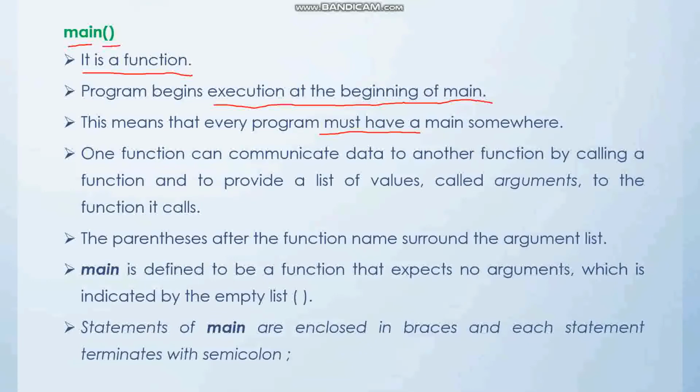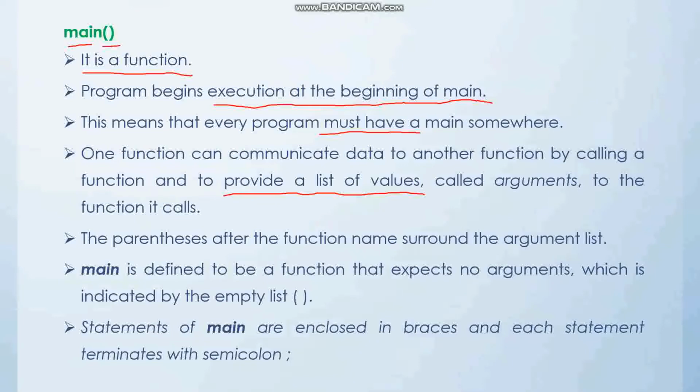One function can communicate data to another function by calling that function. It means if the main function wants to communicate with another function, then that function will be called within the main function, and it will provide a list of values called arguments to the function it calls.